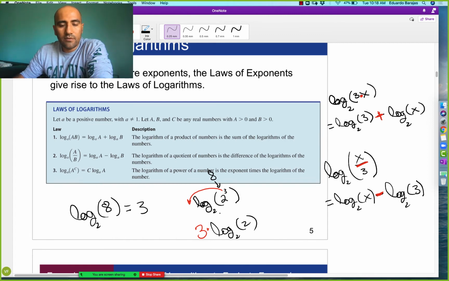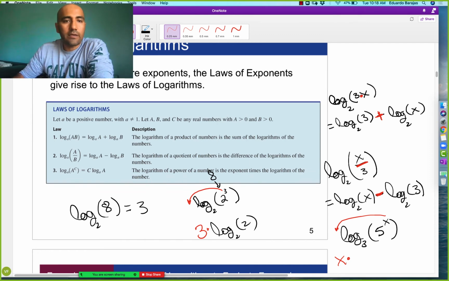It just so happens, for the purposes of this example, I made this index and this base match, but they don't have to. According to that property, if I have log base 3 of 5 to the x power, then I can take this exponent, move it out in front like a linear factor, and rewrite this as x times log base 3 of 5.